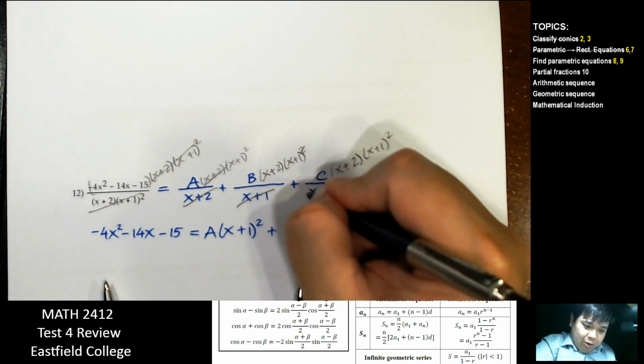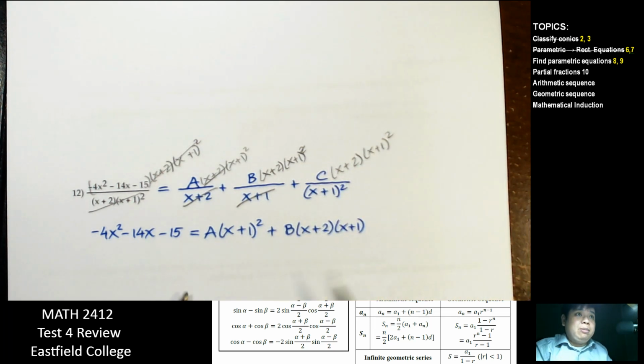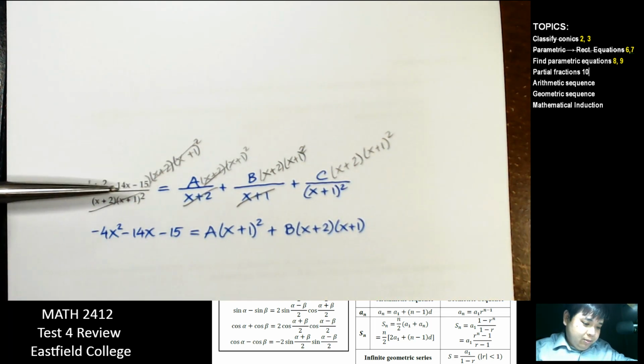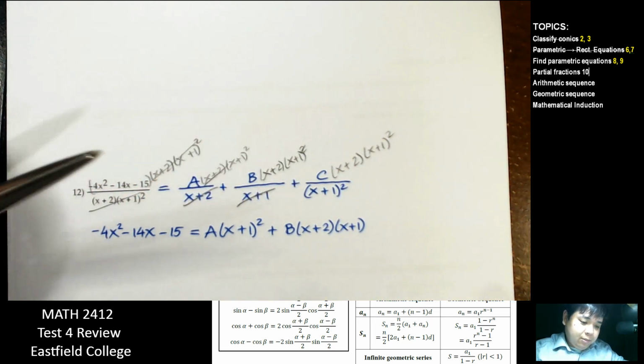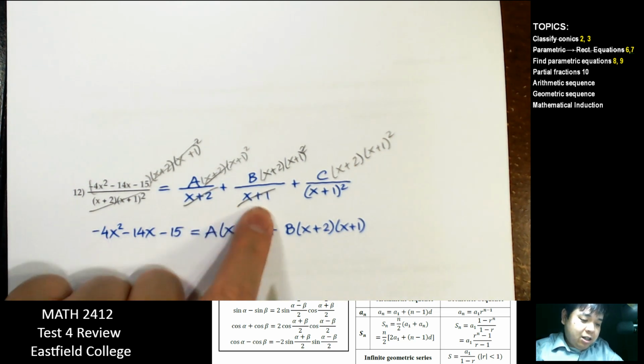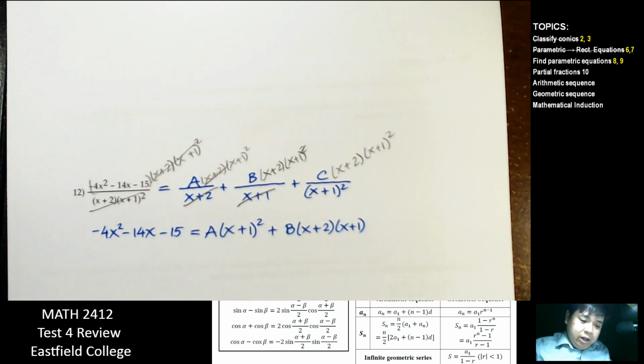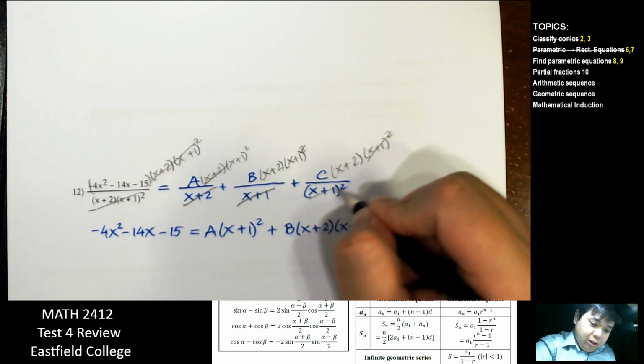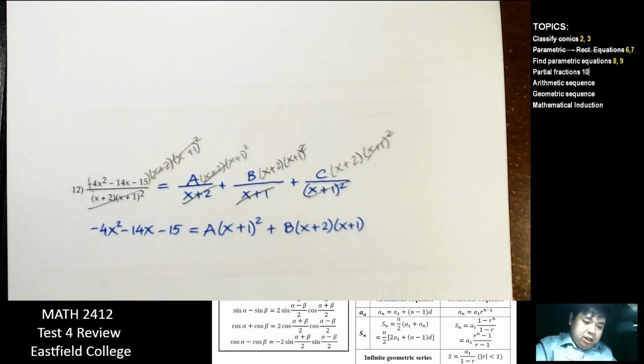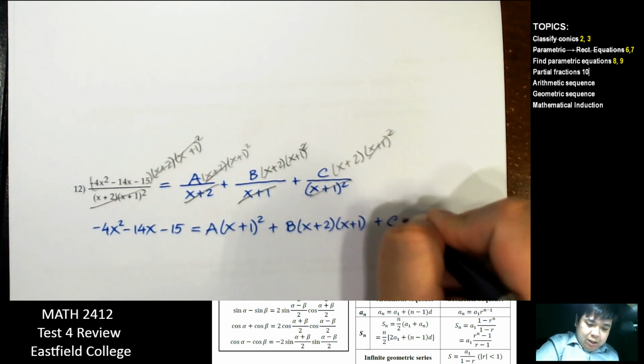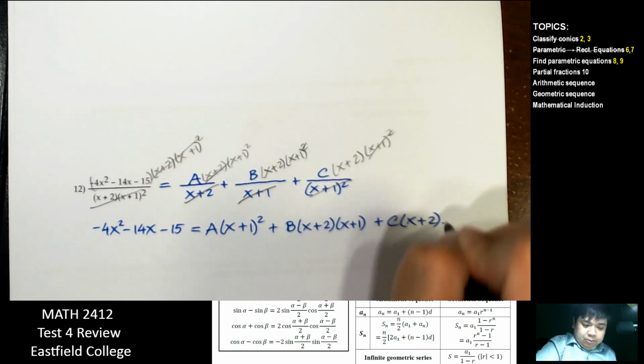Sorry, this was a square. Right, so that one, and that was a square. So the square cancels. We just see an x plus 2.